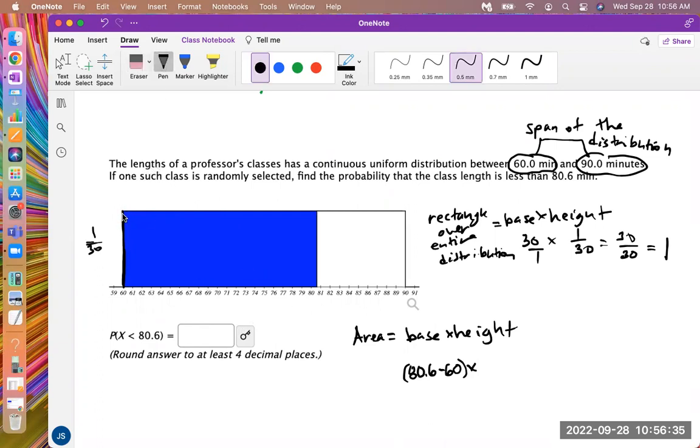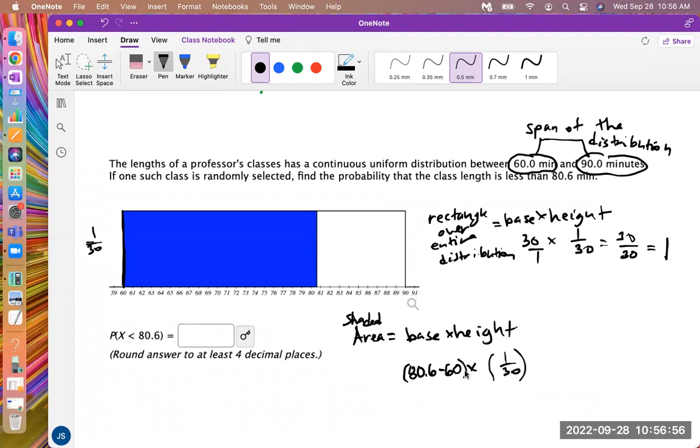So it also happens to be the height of our blue shaded rectangle as well. So our height that we need, this is the shaded area, by the way. We're really focused on the area of the shaded area. 1/30.